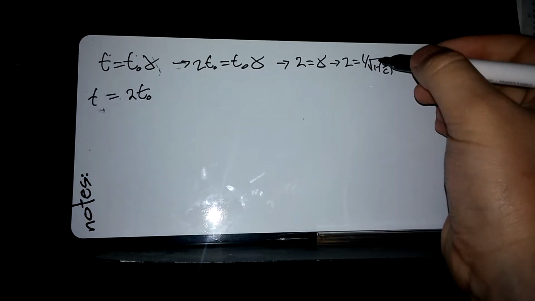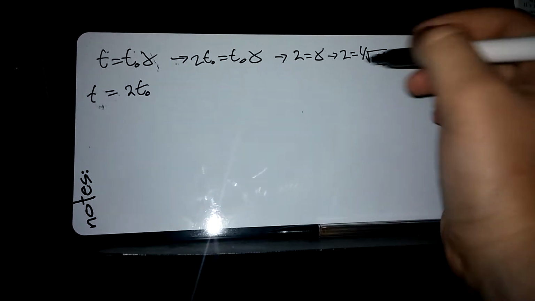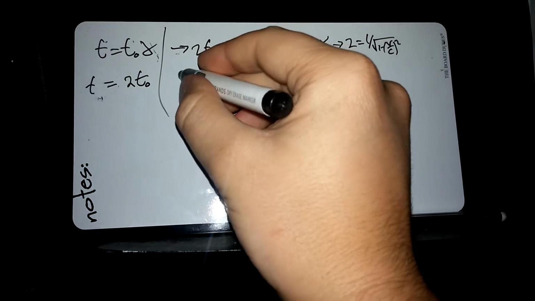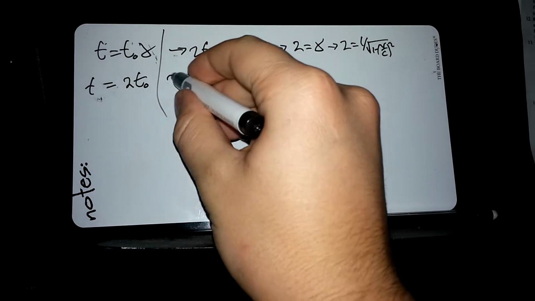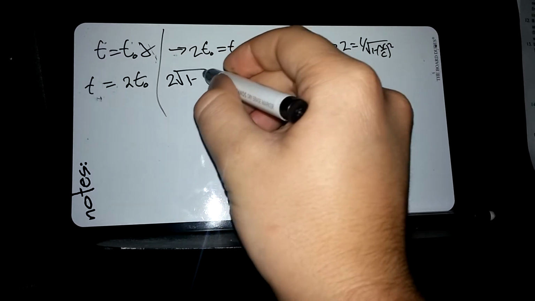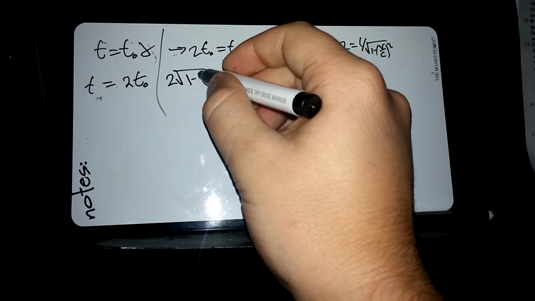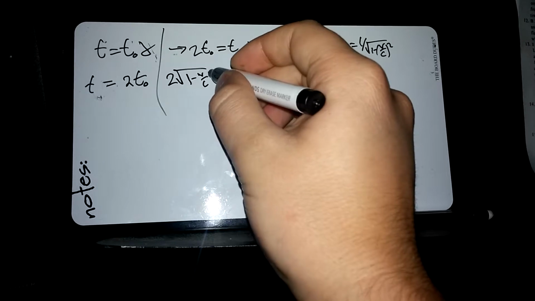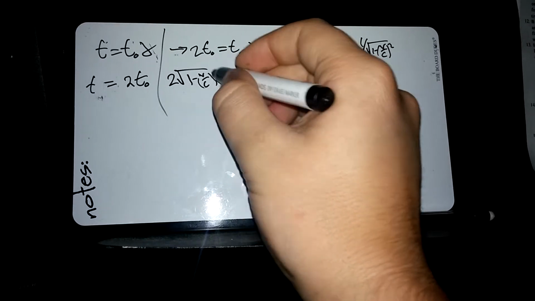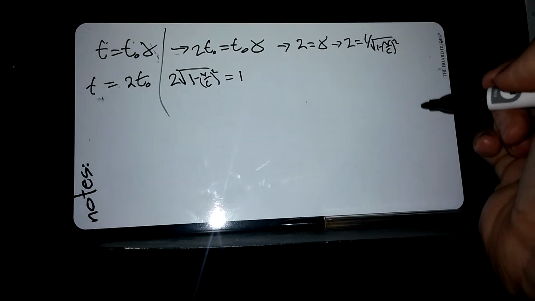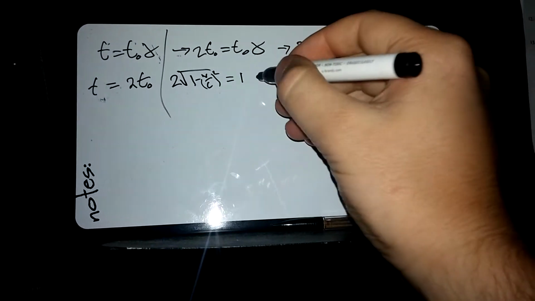So basically if we multiply that over here, we get 2 times the square root of 1 minus v over c squared equals 1. Okay, and then we got the 2.